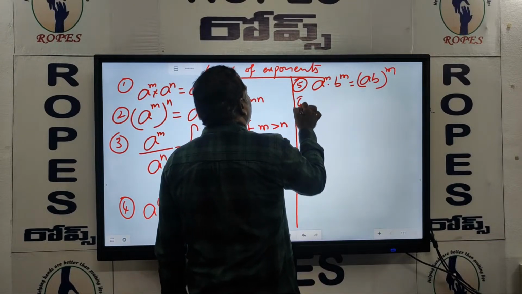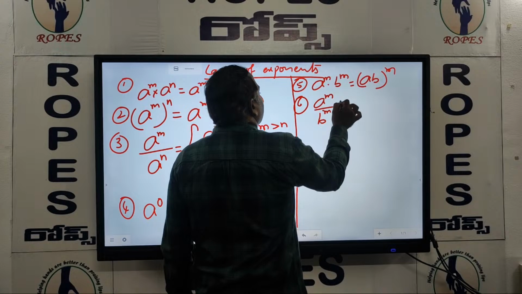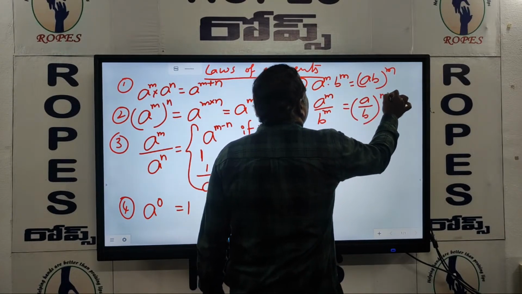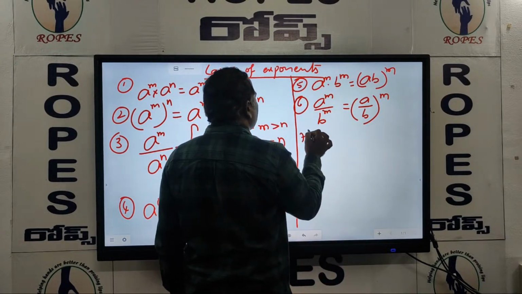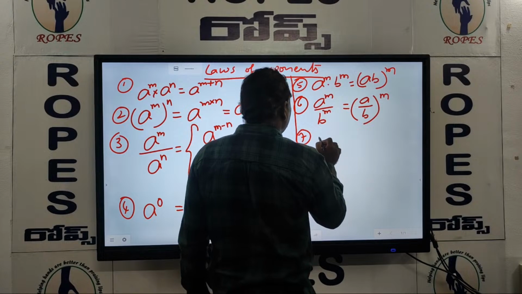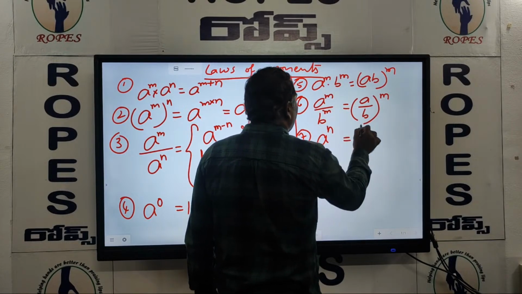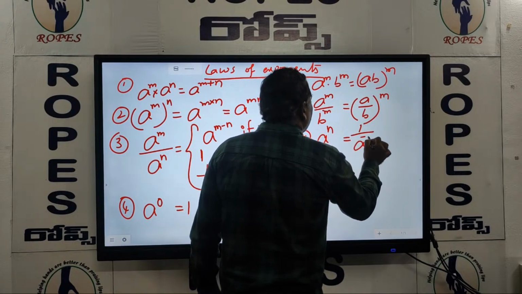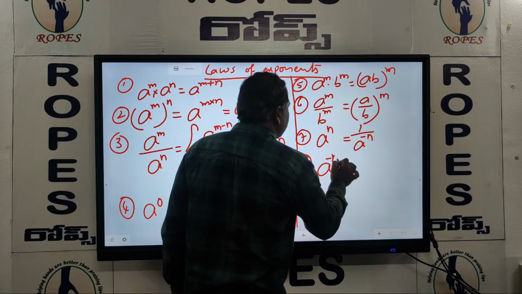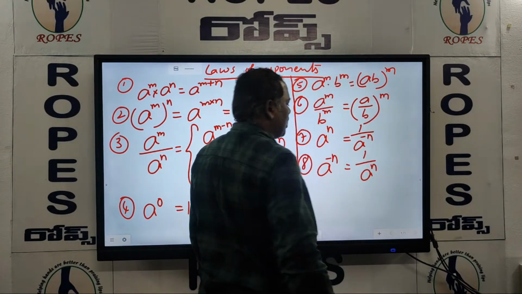And sixth one, a power m by b power m is equal to a by b whole power m. And seventh one, a power n is equal to 1 by a power minus n. And eighth one, a power minus n is equal to 1 by a power n.